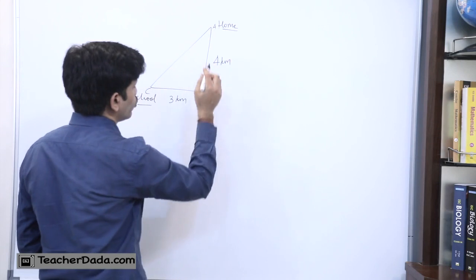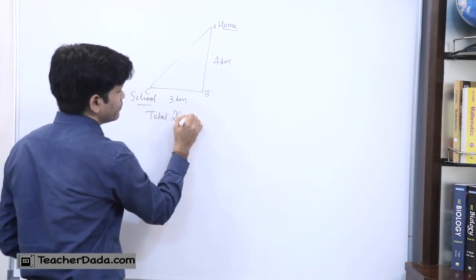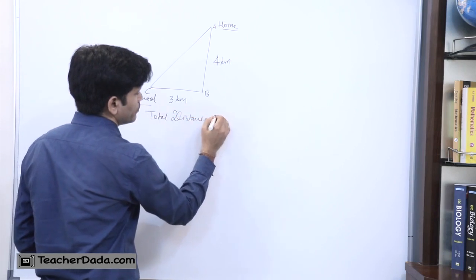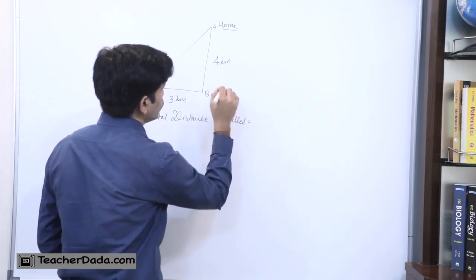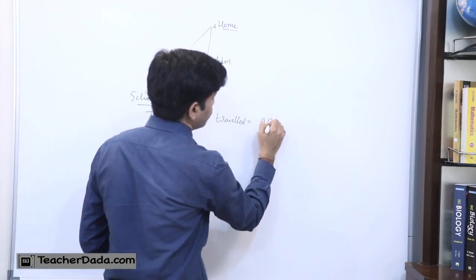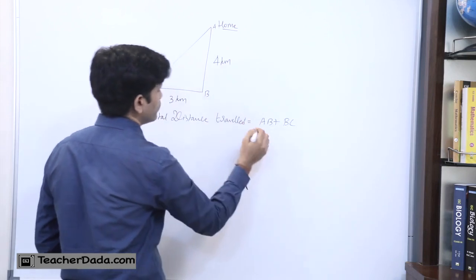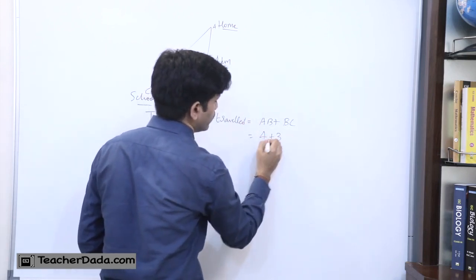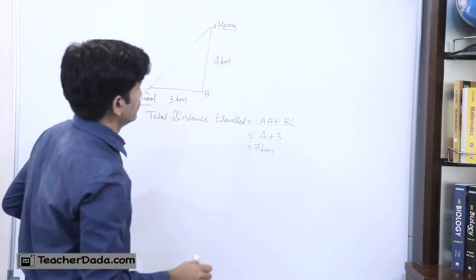So what will be the total distance over here? The total distance travelled by the boy will be equal to AB plus BC. So it will be 4 plus 3, and that is 7 kilometers.